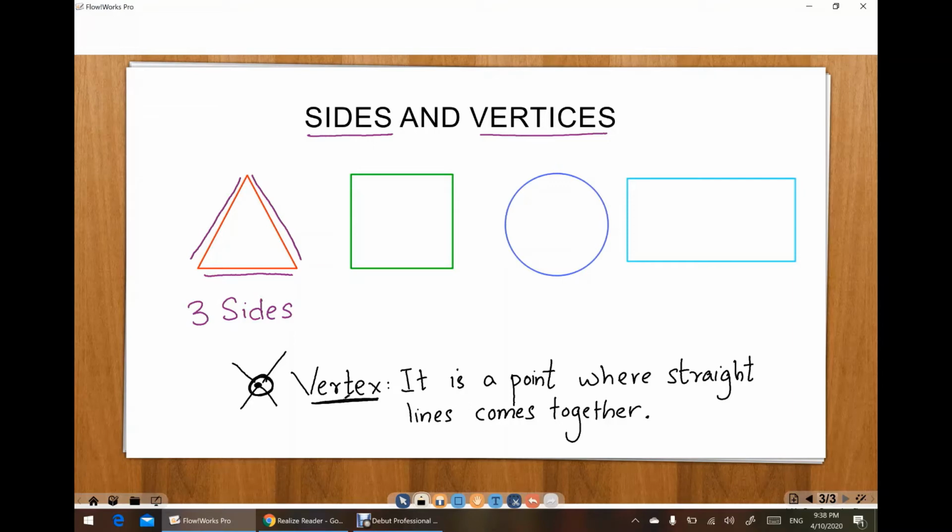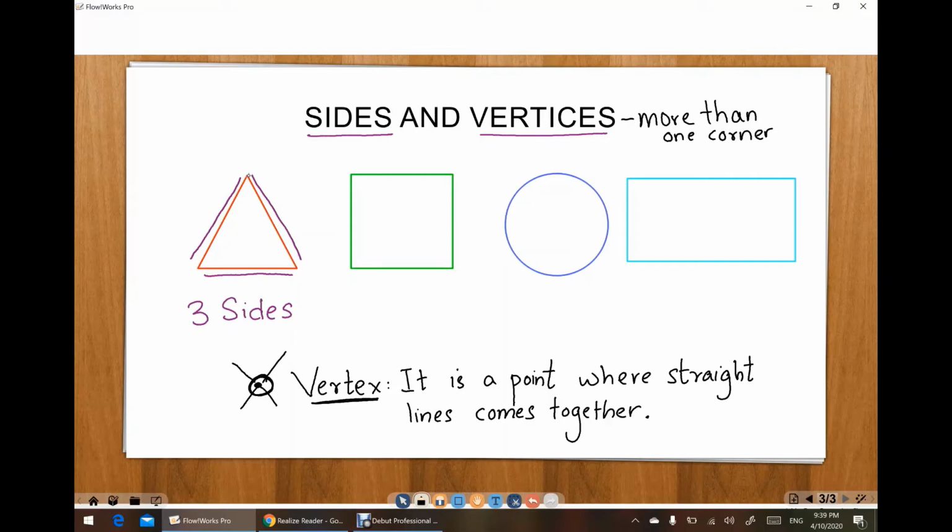But if it is more than one, what do we call it? We call it vertices. Vertices means more than one corner, and vertex means only one corner. Now as you can see, for the triangle, how many corners do I have?